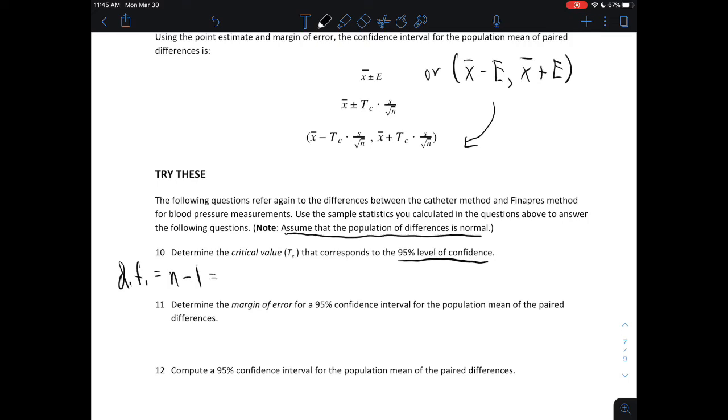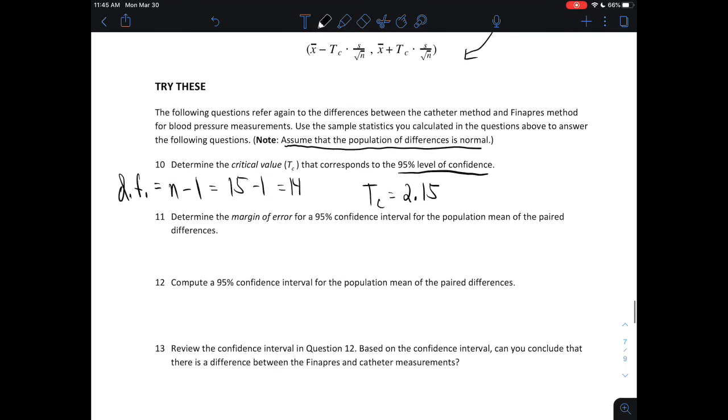In this case, that's a sample size of 15 minus 1, which is 14. So go back to the table that we had in a previous lesson. Find the critical value that matches degrees of freedom 14 and 95% level of confidence. What you will find from that table is t sub c is 2.15.